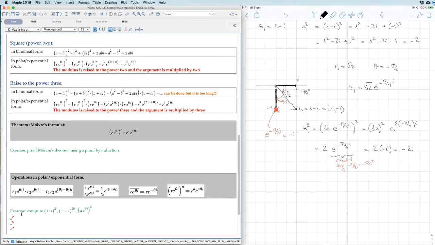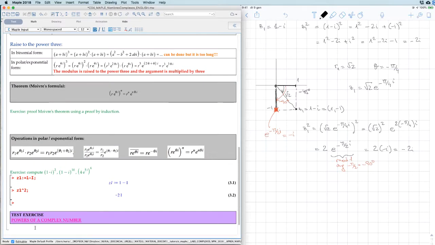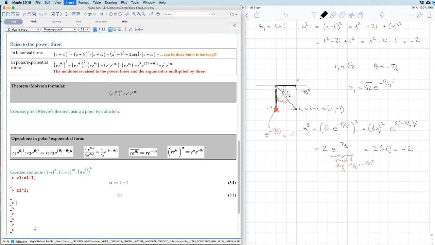If we want to check it with Maple, we just have to write z1, and then we take its power 2. We directly do its power, and Maple computes it. And we can also, if we want, convert z1 to polar, so that we get modulus square root of 2, argument minus pi over 4.